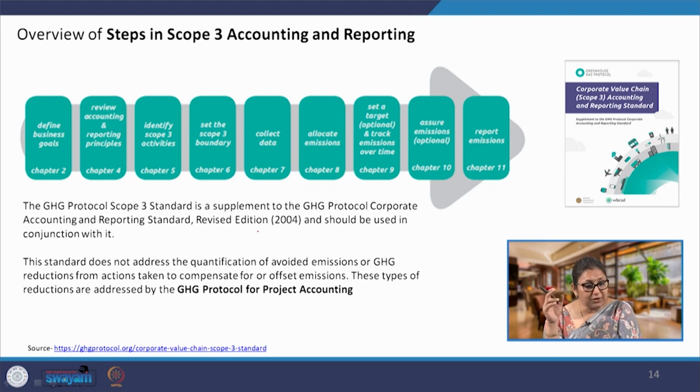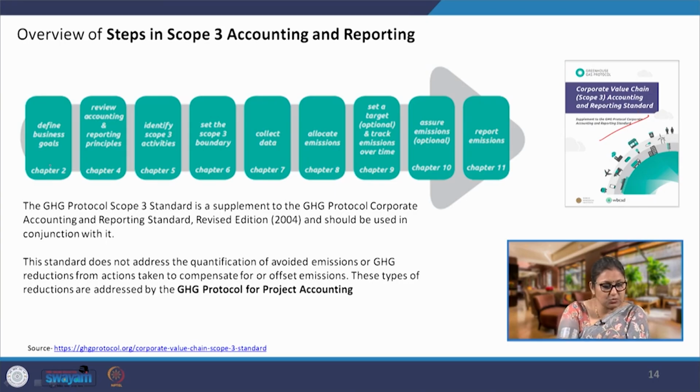Now, if we look at the accounting and reporting steps for only scope 3, it is very similar. These steps are given in the Corporate Value Chain scope 3 accounting and reporting standard, and they are very similar to what we have just seen, but they slightly vary.